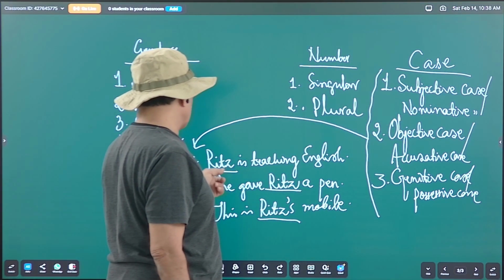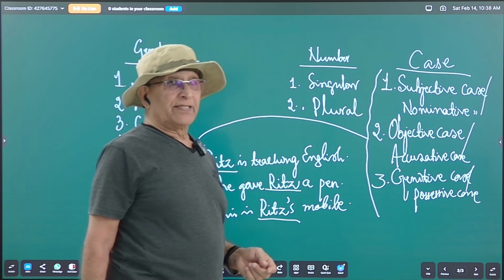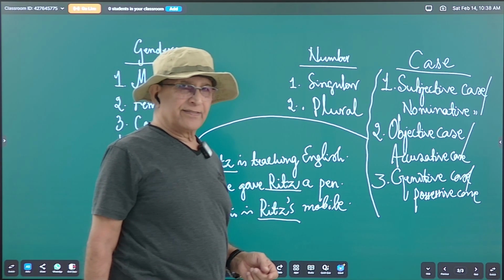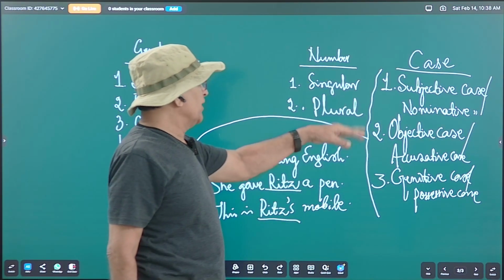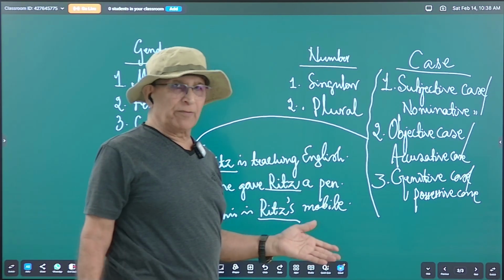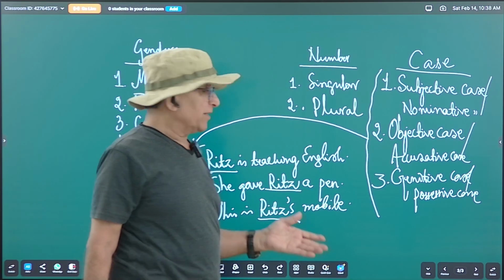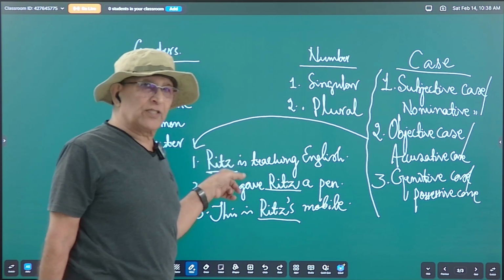If the question comes, the underlying word Riz belongs to which case? All cases will be there. Subjective case, objective case, genitive case, none of the above. Four options will be there. Your answer will be definitely it is subjective case because it is used as a subject here.